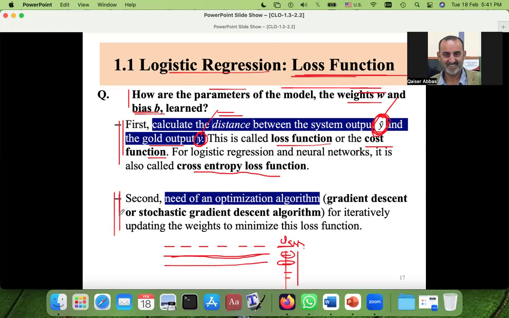So the second thing we have to take care of is that we will calculate the distance, but then we need an optimization algorithm, the algorithm which will optimize the values of these weights. One algorithm is gradient descent or stochastic gradient descent. Gradient descent is the simple version, and stochastic gradient descent is a minor update.